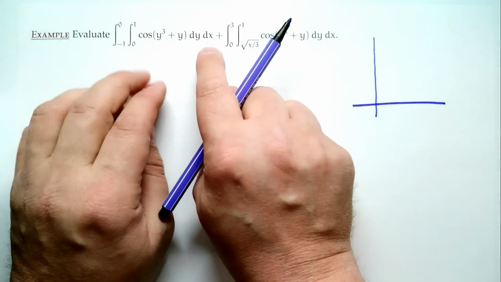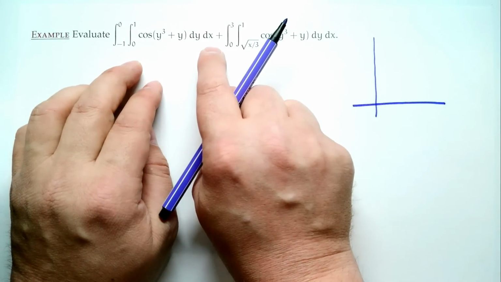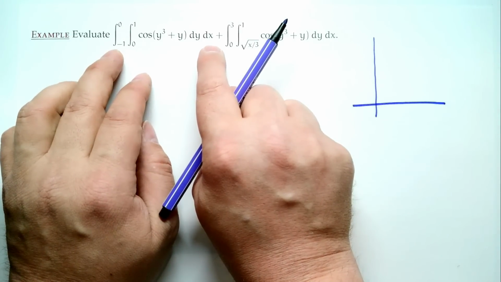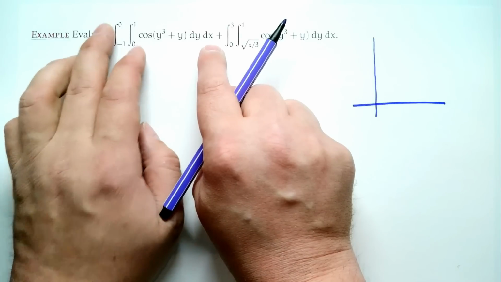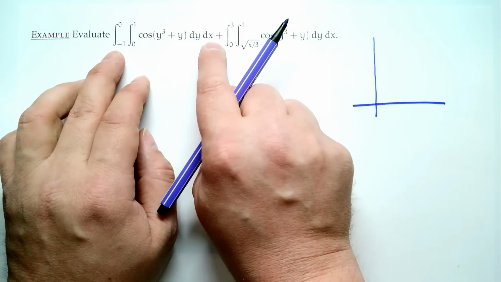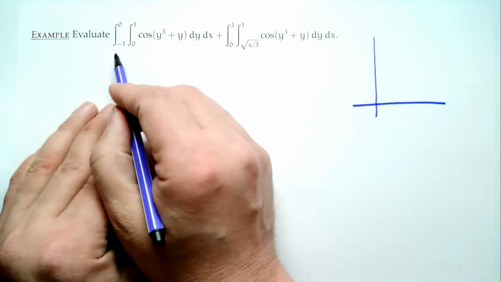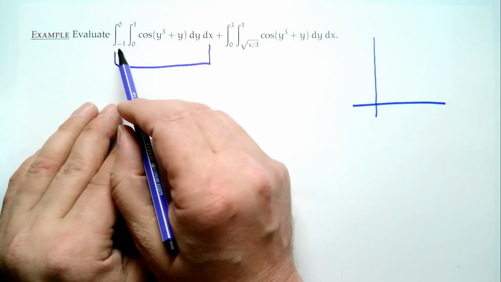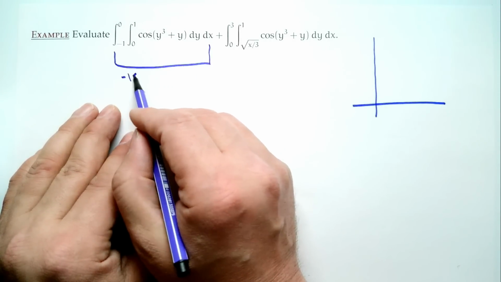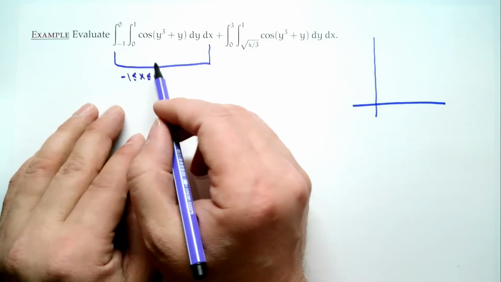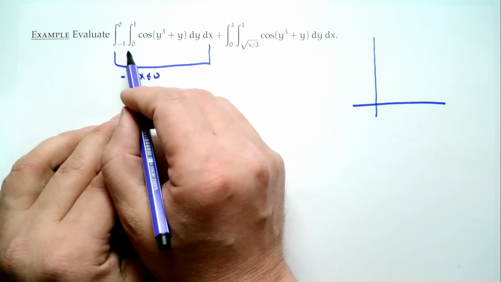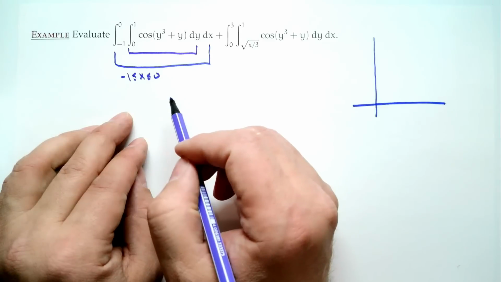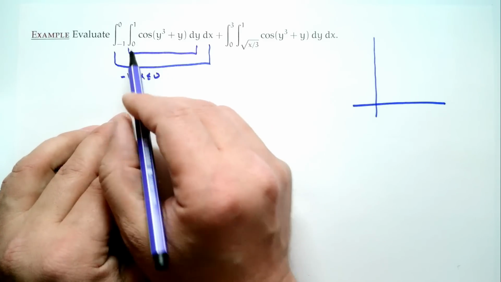So for this integral, what can we say? What's true about the x? -1 to 0, because the x is the outside, so the outside integral goes with the outside bounds. So I can say that on this integral, x goes from -1 to 0. What about y? What's true about y? 0 to 1.